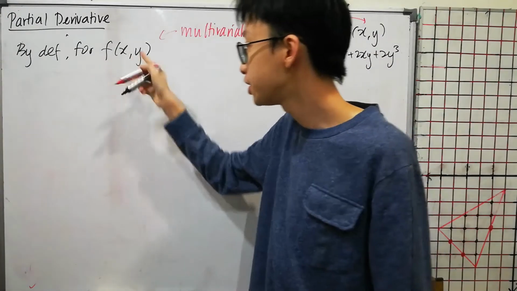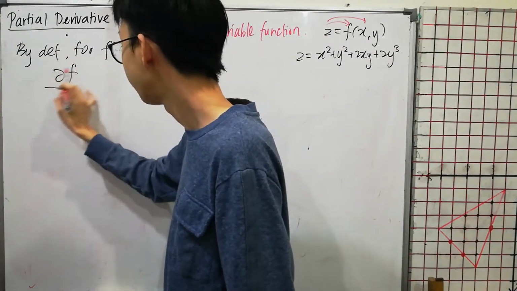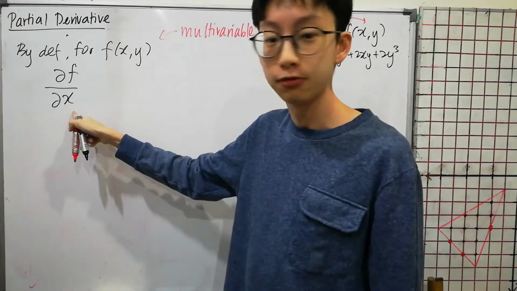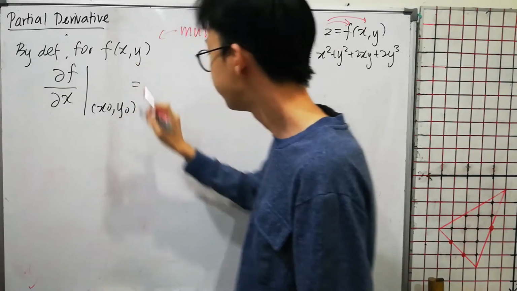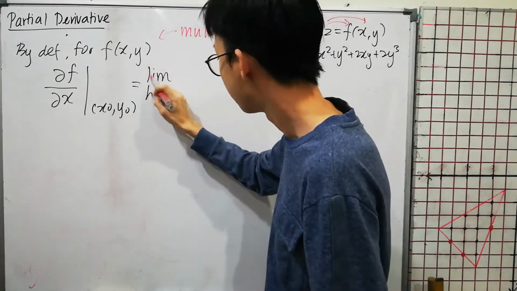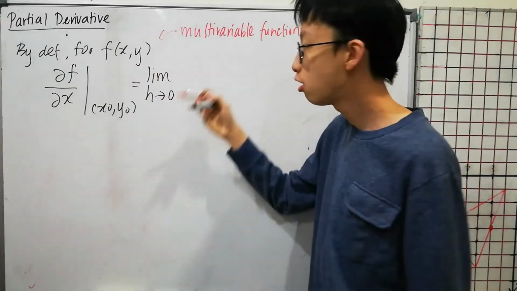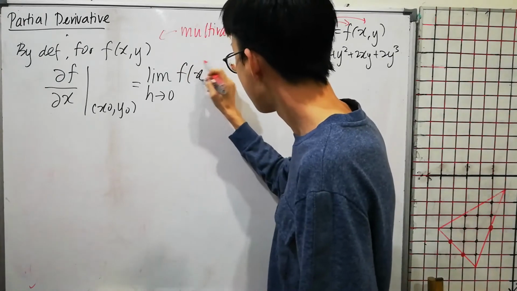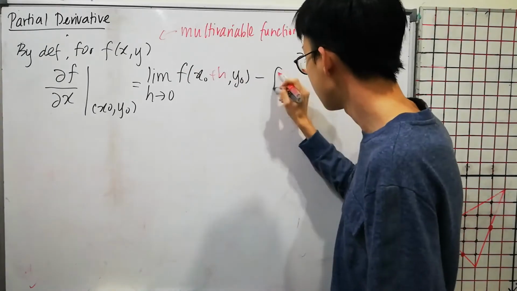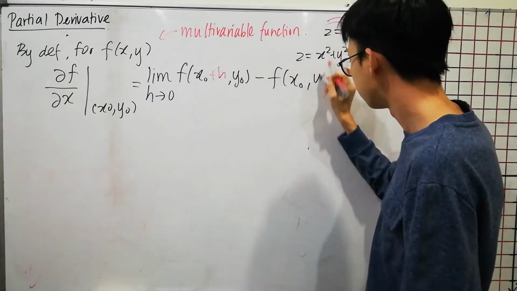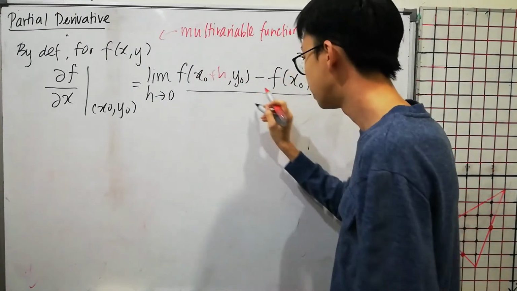For function f, the partial derivative with respect to x at (x naught, y naught) is given by the limit as h approaches 0 of f of (x naught plus h, y naught) minus f of (x naught, y naught), over h.